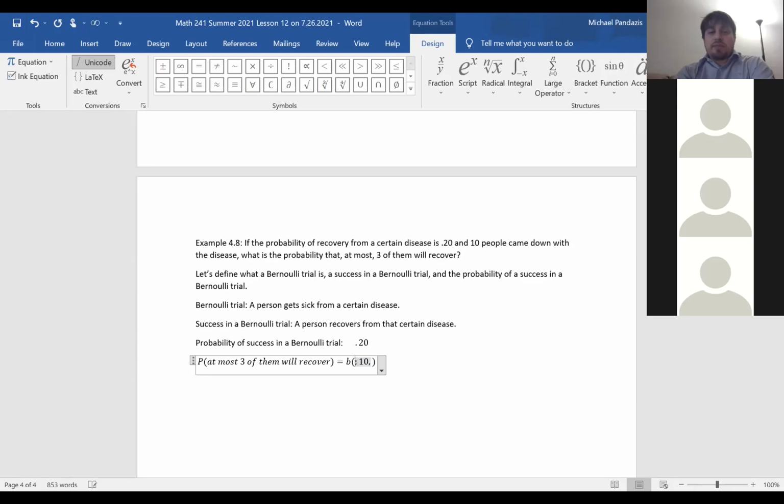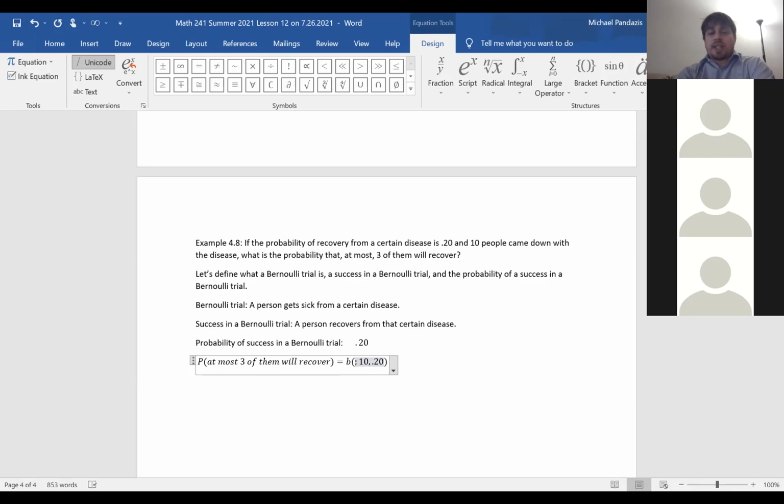The probability of recovery, we said, was 0.20, right? Oh, sorry, the probability goes to the right. 0.20, that's the probability of success. The probability of recovery is 0.20. There are 10 people who get sick, and we want to find the probability that at most 3 of them will recover.